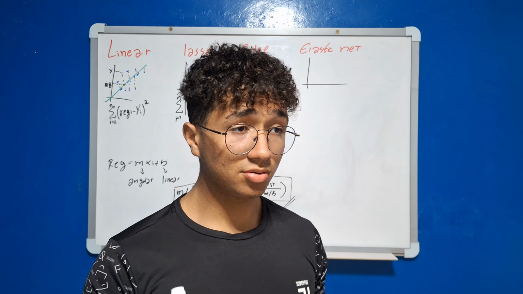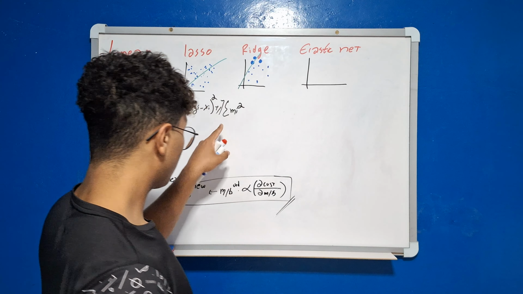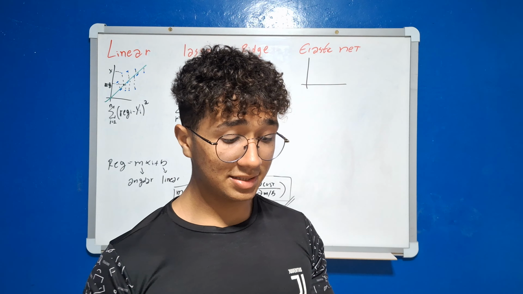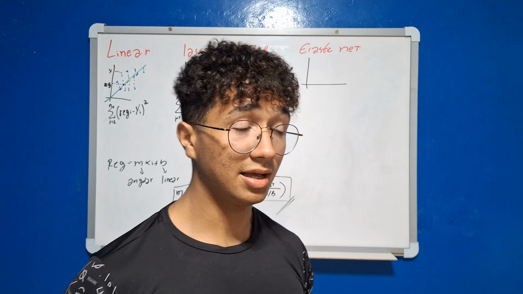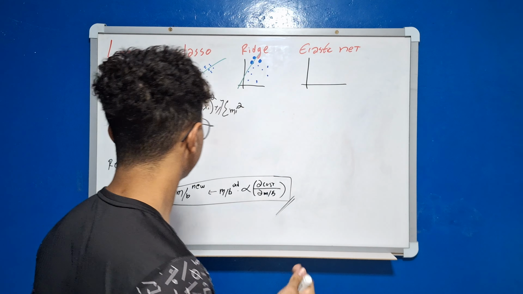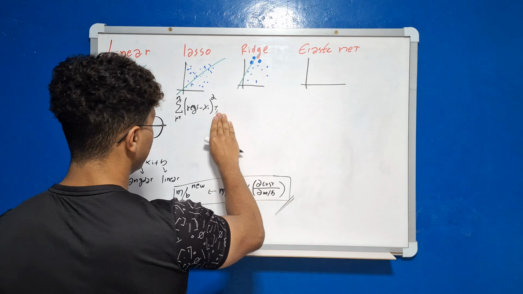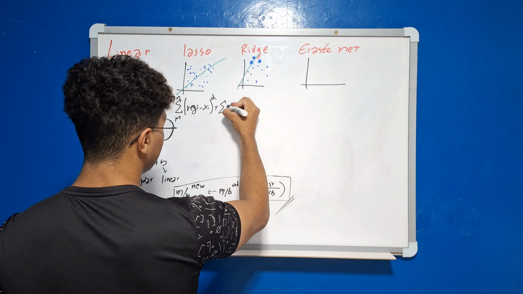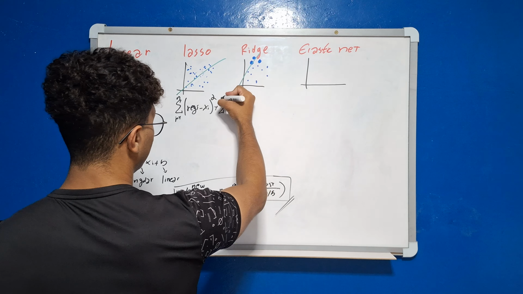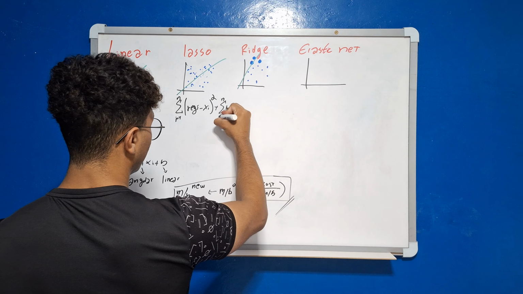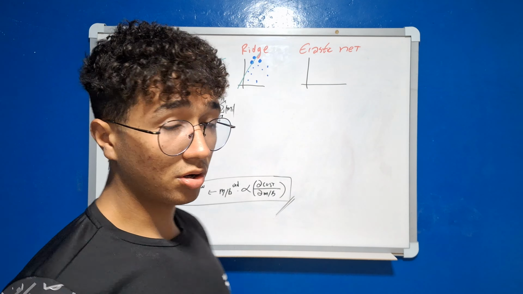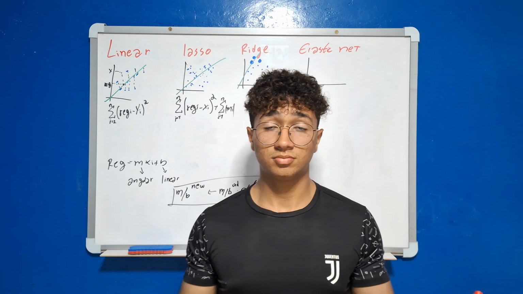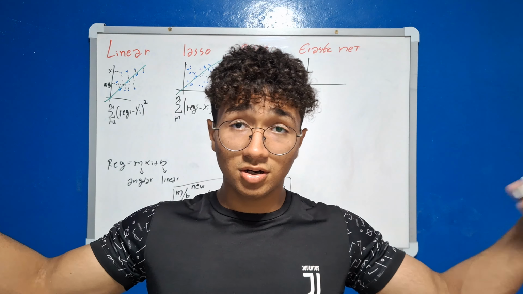And I made a mistake here. The quadratic stuff is the ridge, okay? And the lasso is with the modulus. Yeah, I missed that. Sorry, guys. Here is the modulus of the coefficients, like a vector.